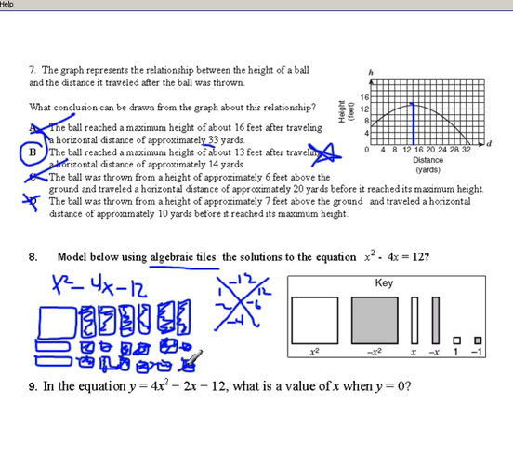Okay, so you have 12 little tiles, 6 negative x tiles, 2 positive x, and this makes a really ugly rectangle. So now where are my solutions? Well, my factors would be x minus 6, and if you go ahead and look at this, you've got x minus 6 up here.